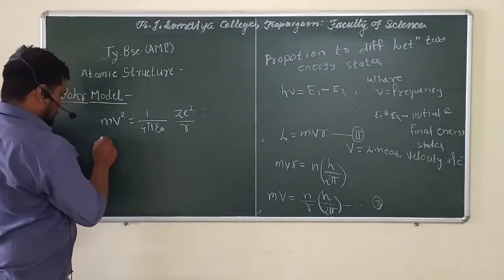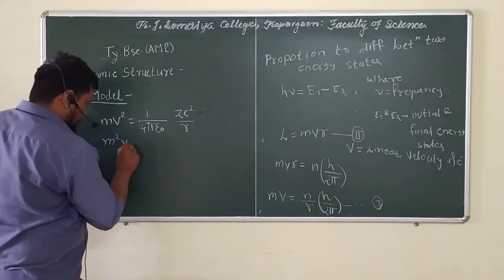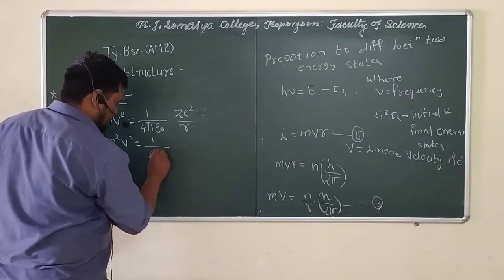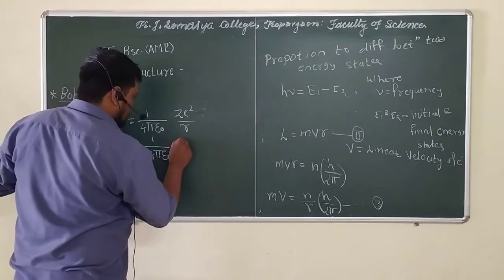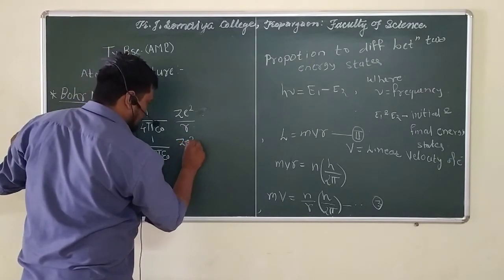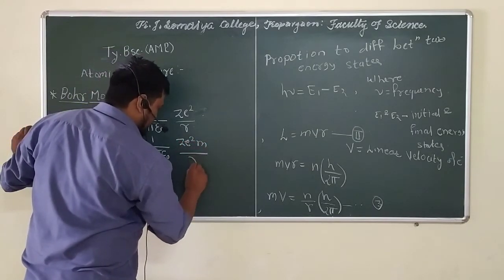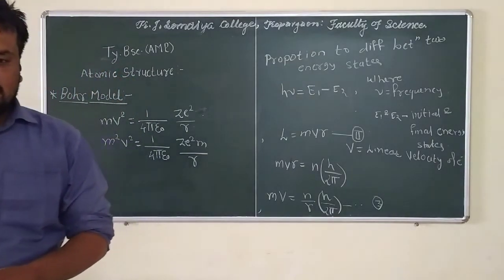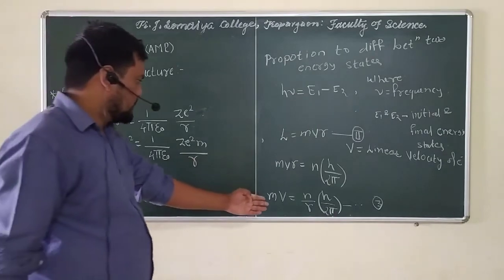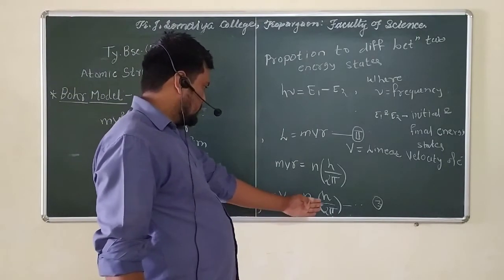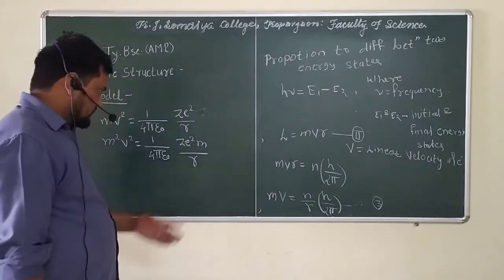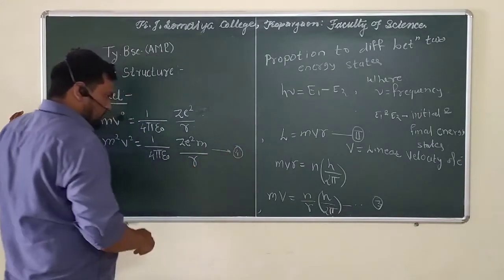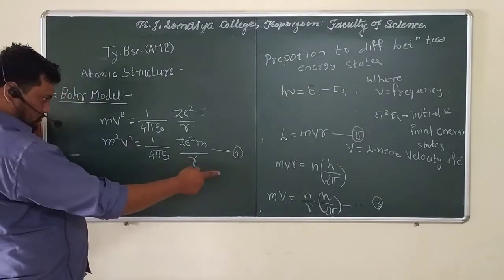So m square v square is equal to 1 upon 4 pi epsilon naught z e square m divided by r. Again, in this equation we have m v r equal to n into h upon 2 pi. Taking this equation, suppose this is equation number four. Now take this equation and square it.